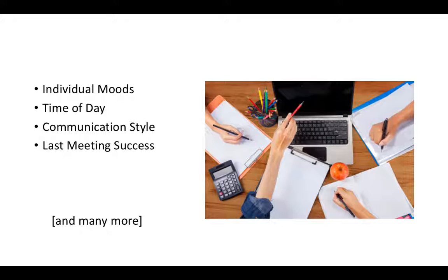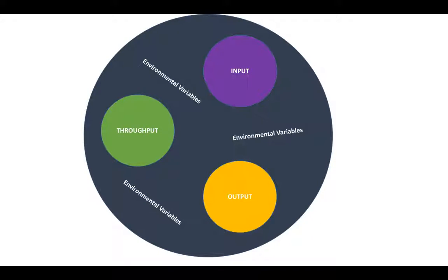As you dig deeper, the textbook outlines, in figure 3.1 on page 61, a model that looks a lot like this. This model will make a resurgence in this course numerous times. It says that within any environment, and this larger blue circle is the environment, there are a host of variables that come into play. With groups, there are input variables, throughput variables, and output variables. And then surrounding all of those, there are environmental variables.